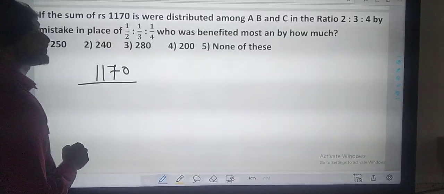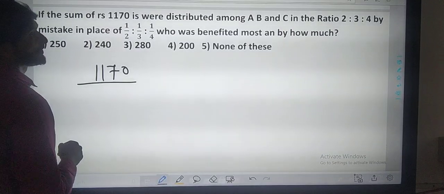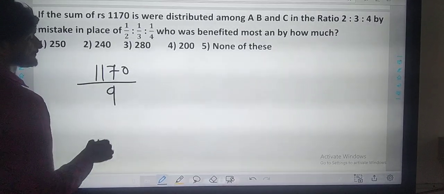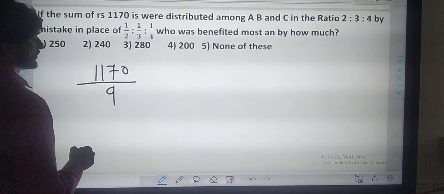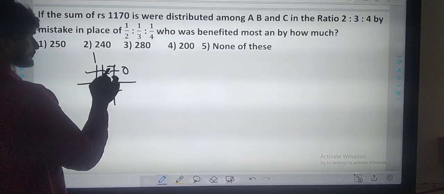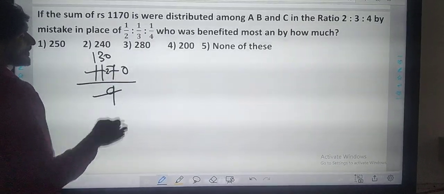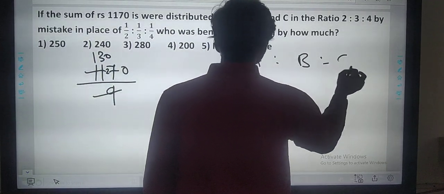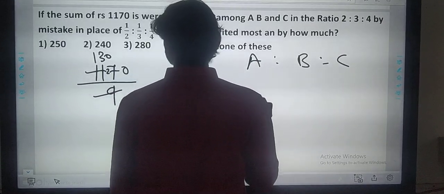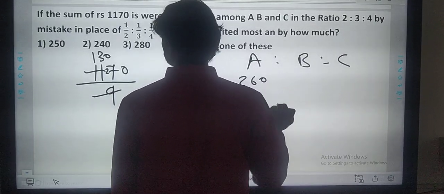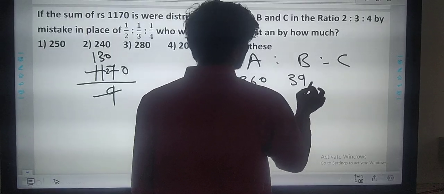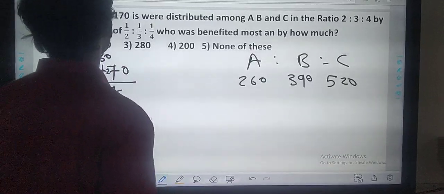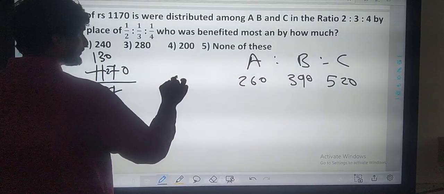Then we write 2 plus 3 plus 4 is 9, 9 ones are 9, 130. Then A, B and C got 130 into 2, that is 260, 390 and 520 rupees.